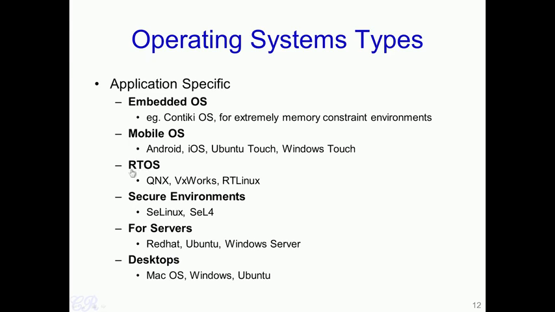A third type of operating system is the RTOS or real time operating system. Examples of these are QNX, VxWorks and RT Linux. These operating systems are used in mission critical applications where time is very important.